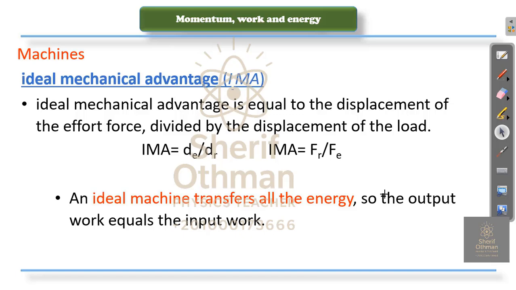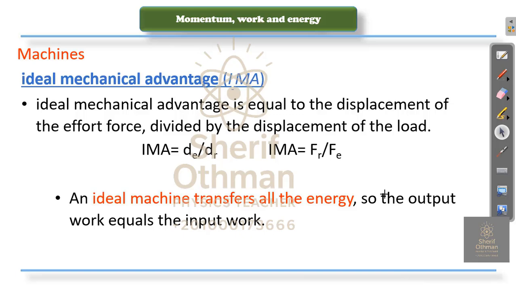So the ideal mechanical advantage is equal to the displacement of the effort force divided by the displacement of the load force, dE over dr, or another way, the resultant force, the resistance force, divided by the effort force, which is the applied force.